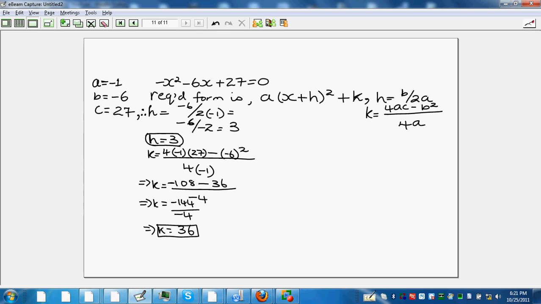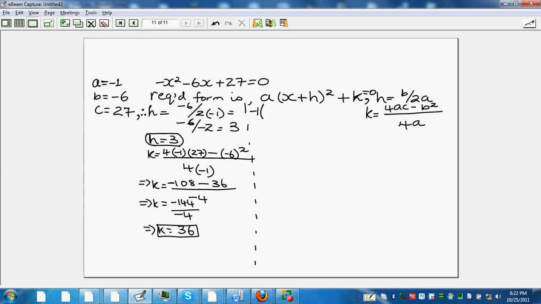So we come back across here now, and we will use our completed square format. This here was supposed to be equal to 0. So let's put that in place now. a is minus 1, so we'll put that in.